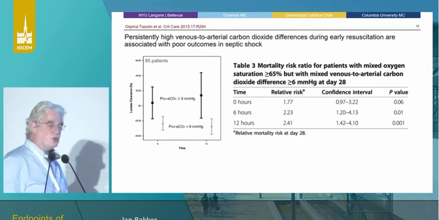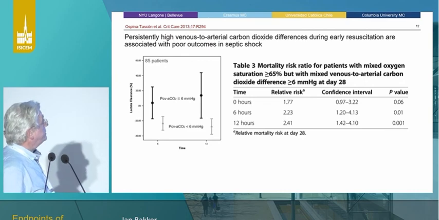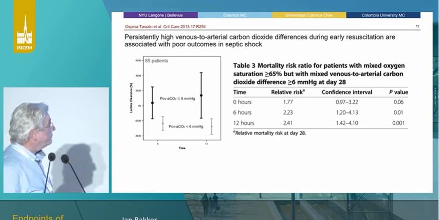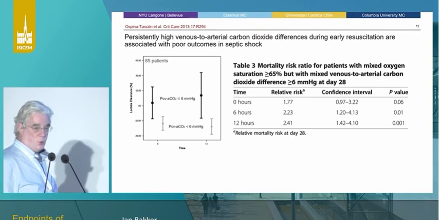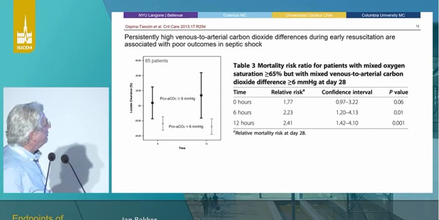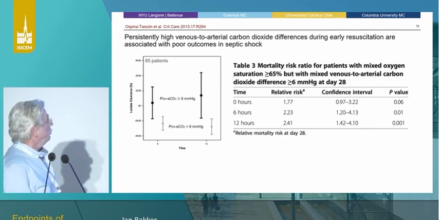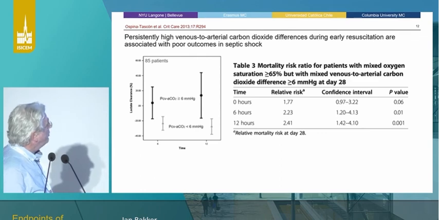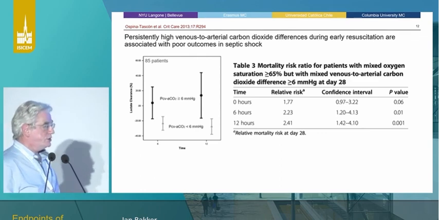Gustavo Ospina studied this in somewhat more detail. He looked at the differences at different times: initiation of the study, 6 hours later and 12 hours later. And he looked at patients with a high delta PCO2 and patients with a low delta PCO2. So normal perfusion, abnormal perfusion, and he looked at the changes in lactate.